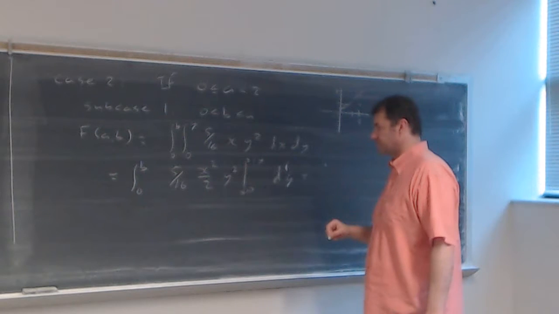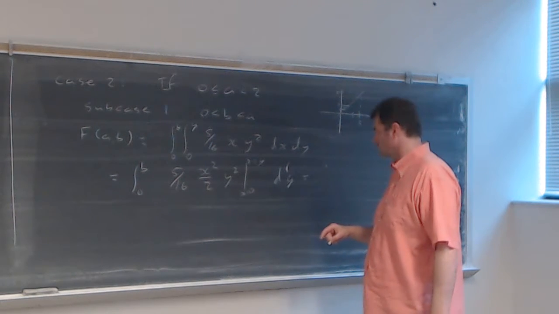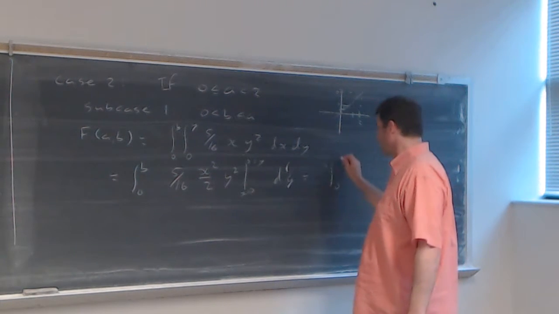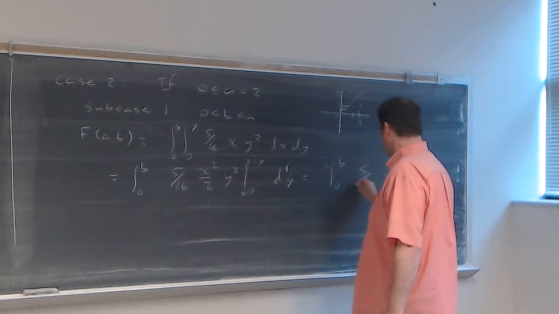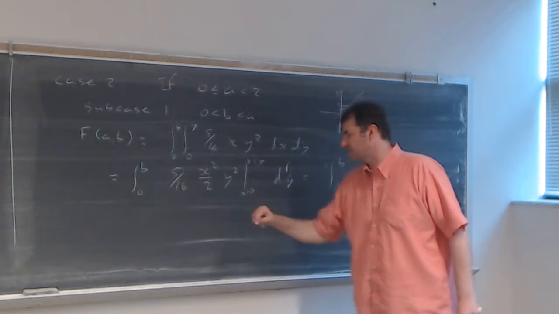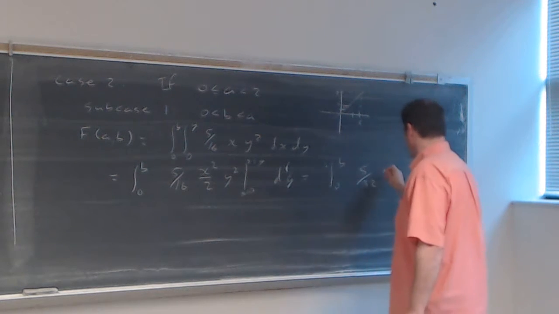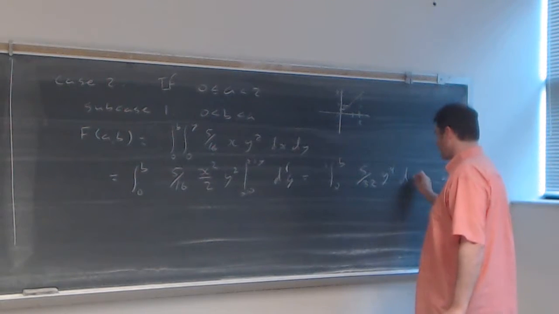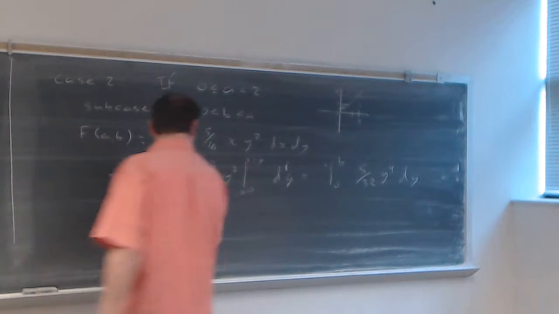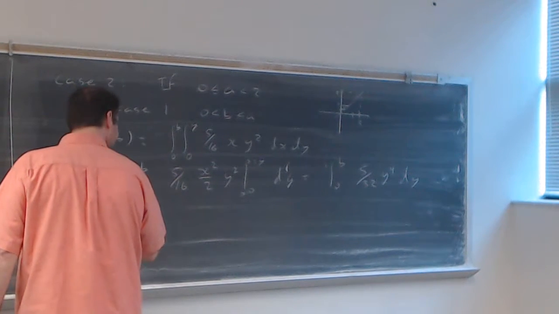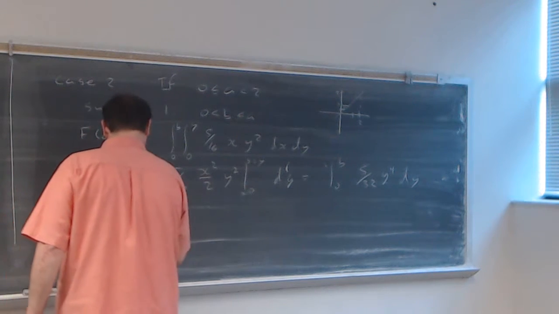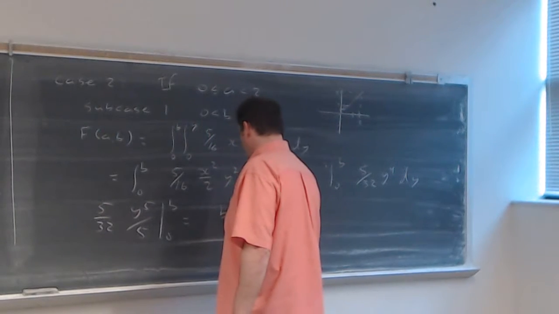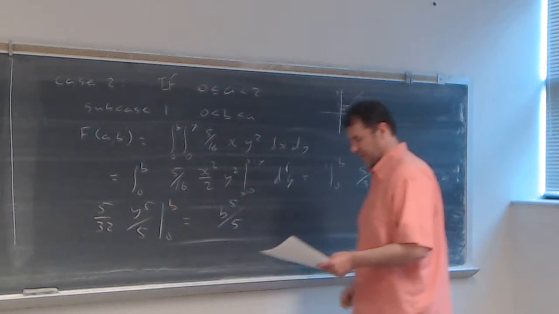Now that's equal to the integral from 0 to b. We'll let x be equal to y. This will become 5 over 32, 16 times 2. Here's the y squared times y squared, that's y to the 4th, dy. This is going to be 5 over 32, its antiderivative, y to the 5th over 5, evaluated from 0 to b. The 5's cancel each other out. I'm left with b to the 5th over 32. That's what I get in this case.